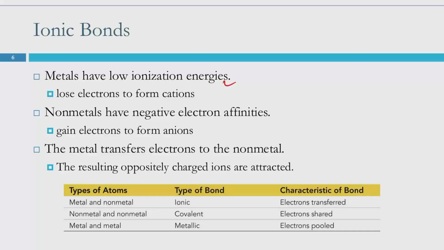Remember, ionization energy is the energy required to remove an electron from an atom in the gas state. So a low ionization energy means it's easy to remove an electron. Metals like to lose electrons, and they form cations, which are positive.